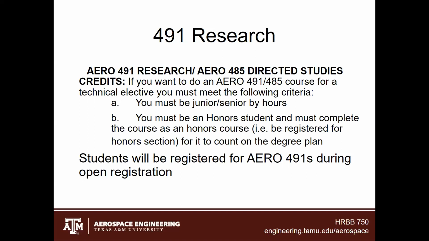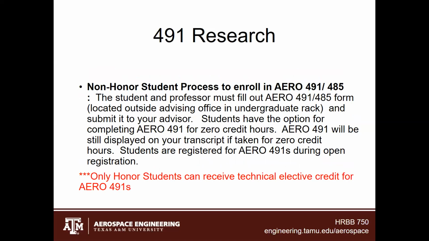So, if you are not an honors student, you are allowed to do research. It doesn't count towards your degree. However, it does show up on the transcript. You guys have the option of registering for 0 credit hours for research. That shows up on your transcript. You're not paying the tuition for it, but you still get credit, okay?